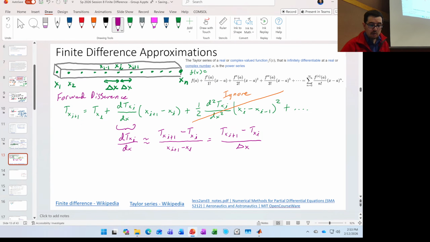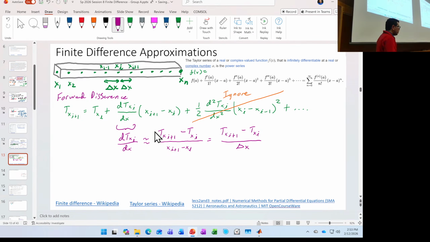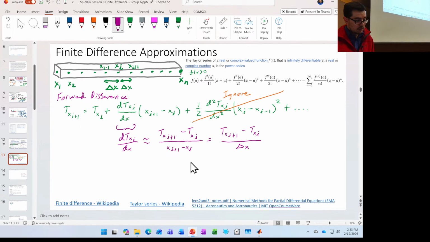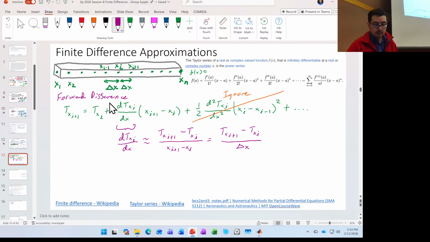So now what we're saying is this times that. Just reorganize using the Taylor series expansion that we have to figure out what the slope is at the location. So this is the forward difference.